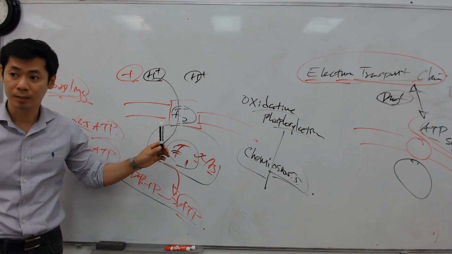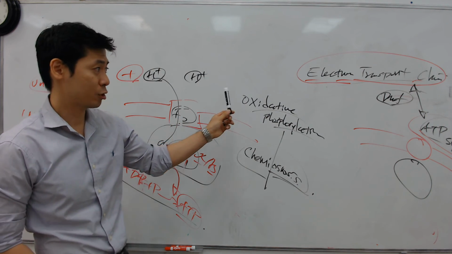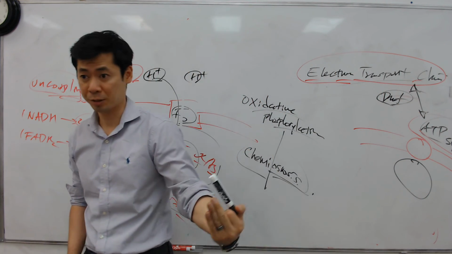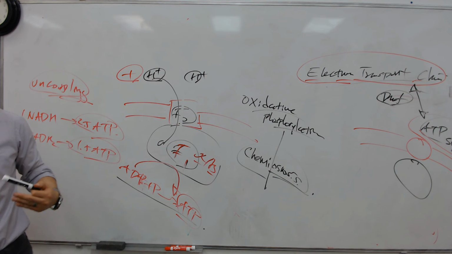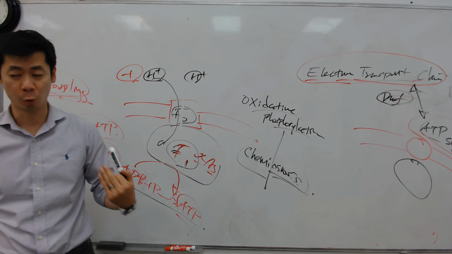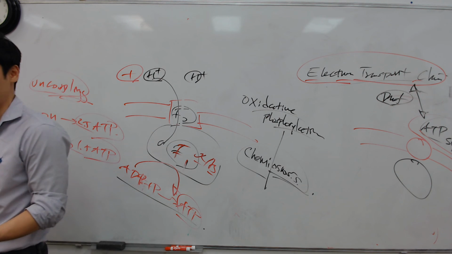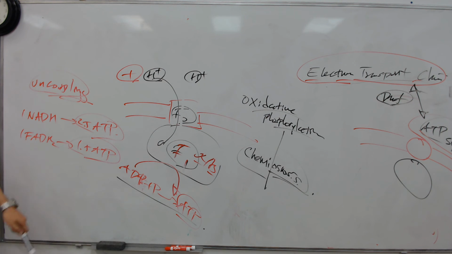ATP synthesis and the electron transfer chain are coupled by what? The proton motive force produced. So how do you uncouple this process? What do you have to do to uncouple this process? How do you uncouple this?